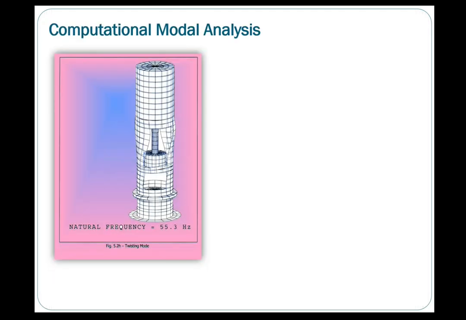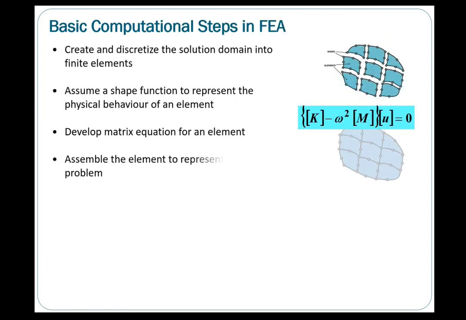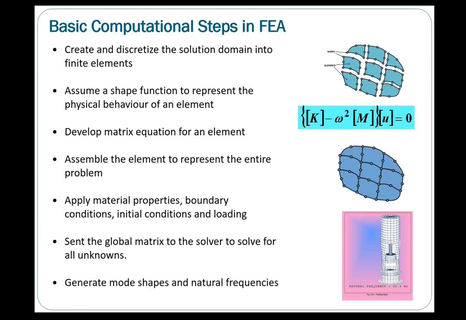Then computational modality is like what I have mentioned to you earlier, right? So if you go through how computational model analysis is performed, basically it's a finite element analysis, based on finite element methods. So if we've gone through this finite element analysis course, then probably you will know how it will be solved.